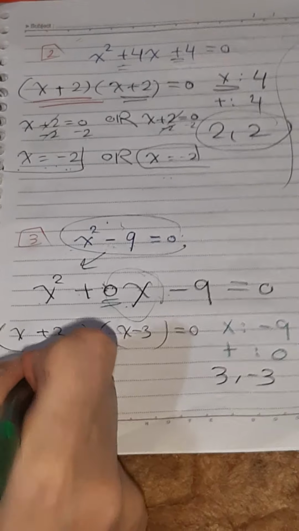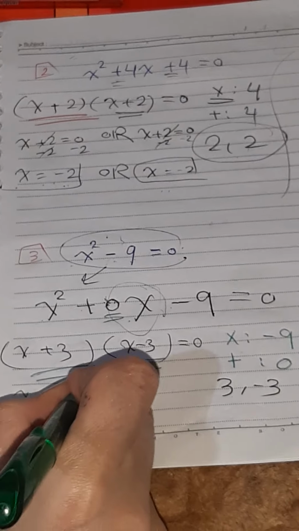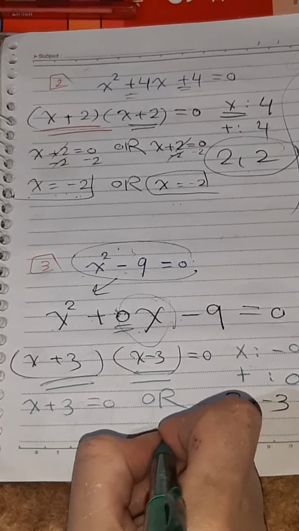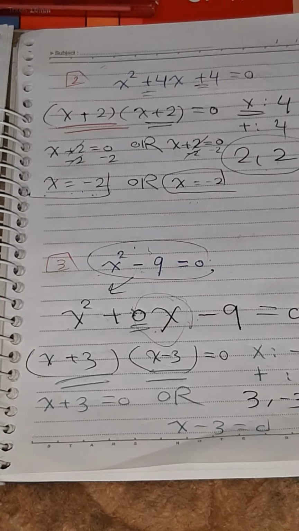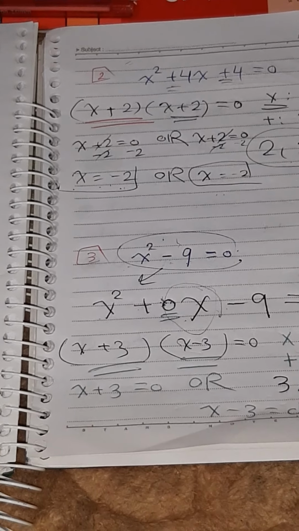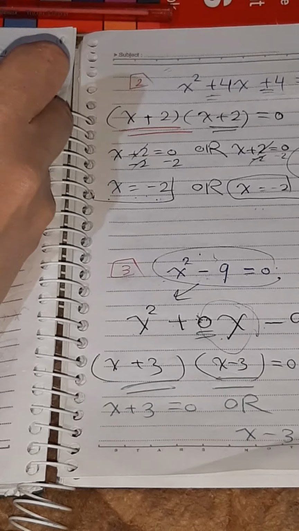Now this one must be 0 or this one must be 0. So x plus 3 equals 0 or x minus 3 equals 0.